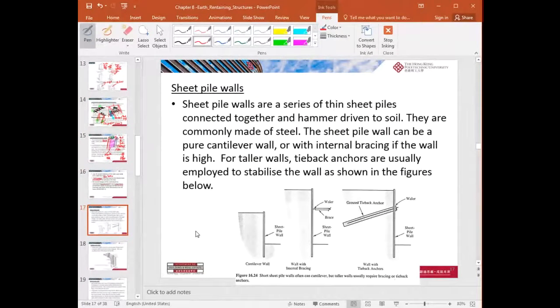Well, sheet piling, sheet pile wall. So that is still sheet piling. It should be looking like that.